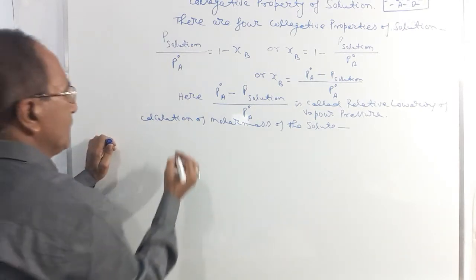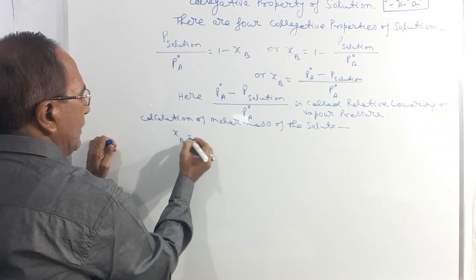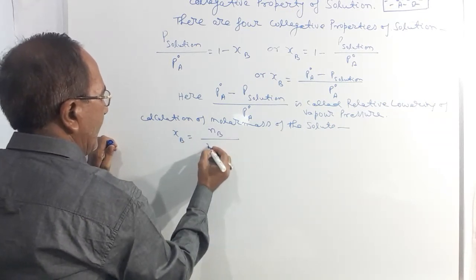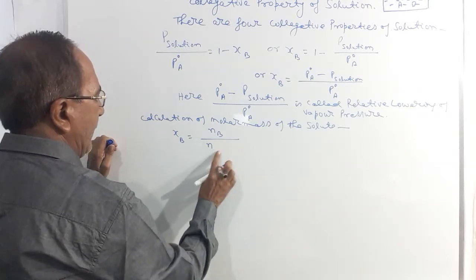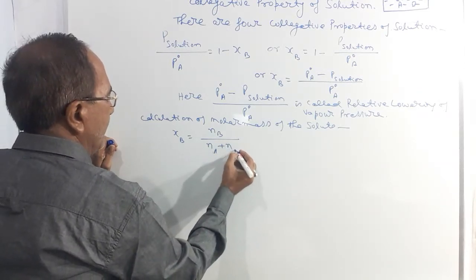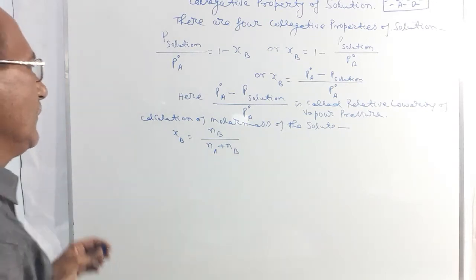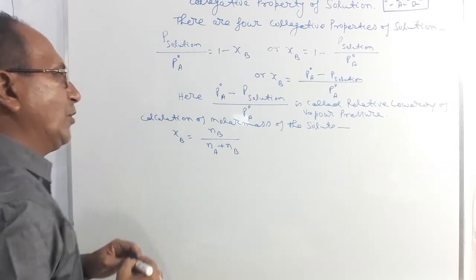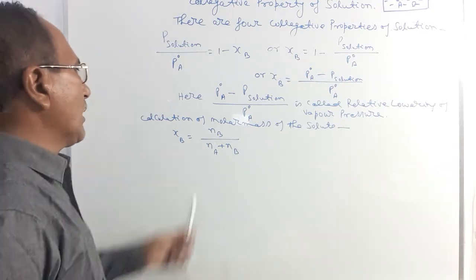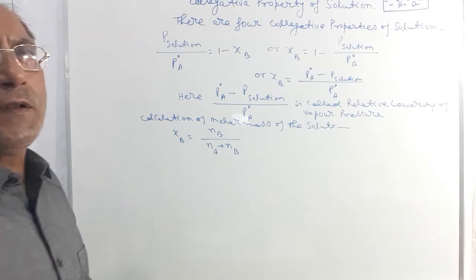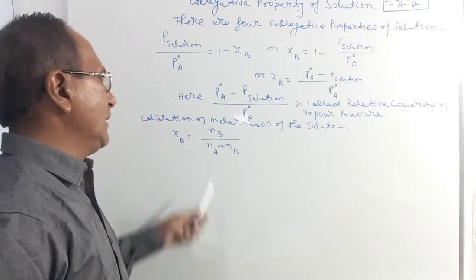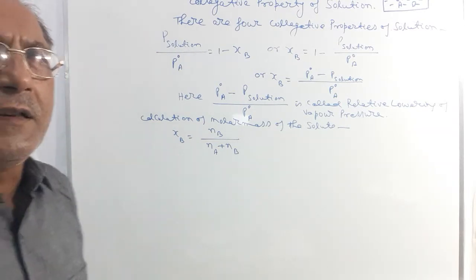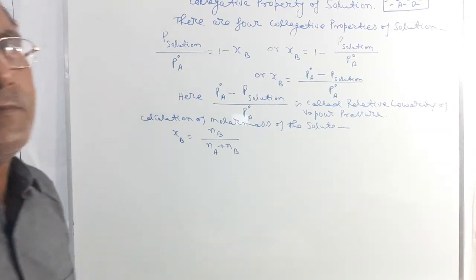Here xB is equal to nB divided by nA plus nB. That means number of moles of solute divided by total number of moles present in solution: number of moles of solute divided by number of moles of solvent and number of moles of solute.